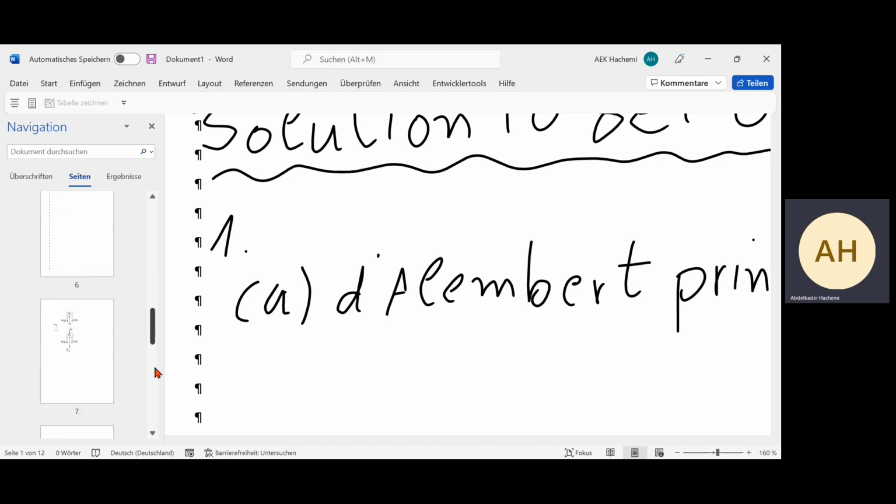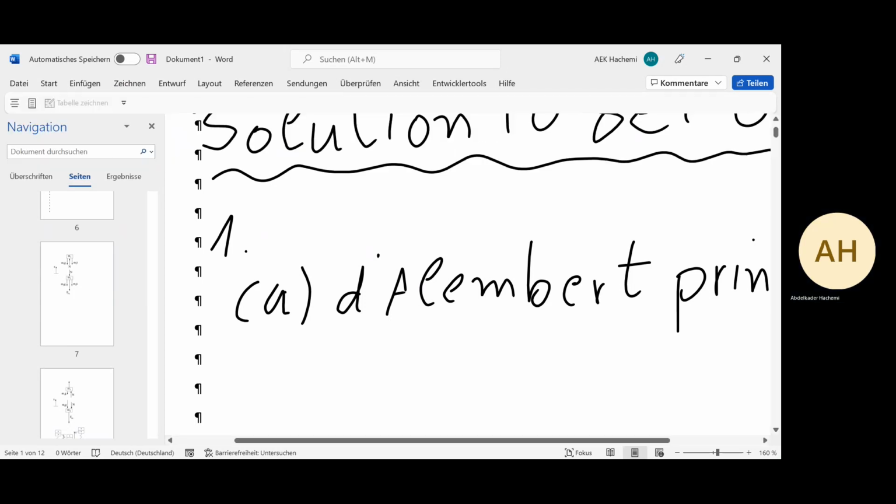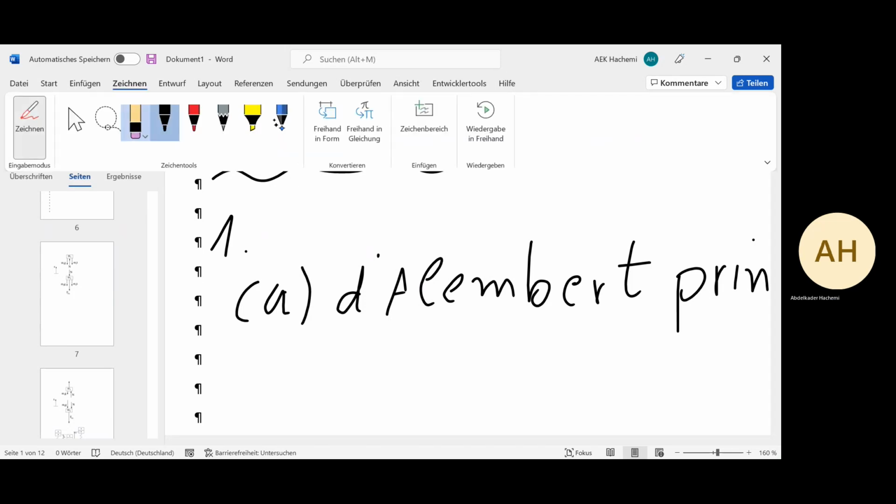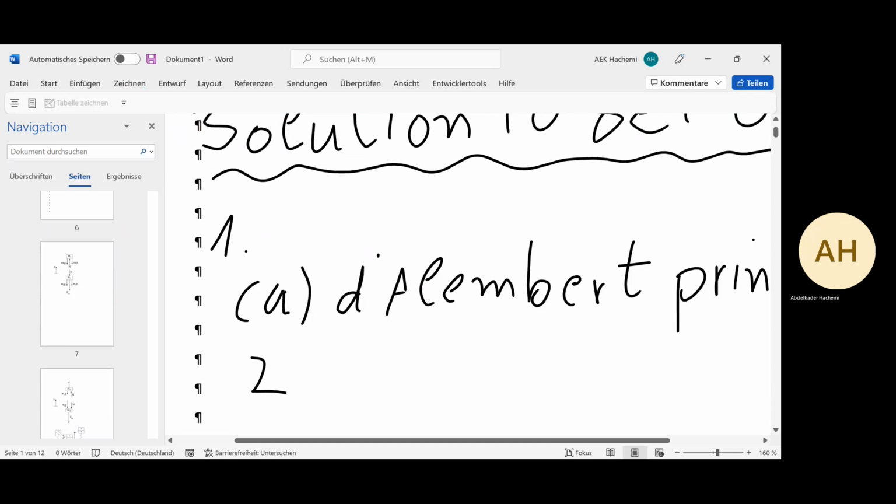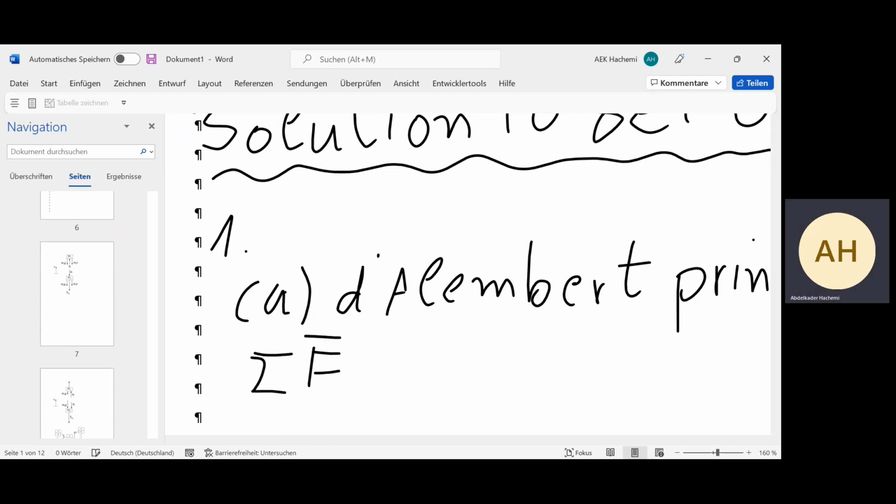As we know, we have to introduce the inertia forces. That means we have the sum of the forces, including the inertia forces, which must be equal to 0.